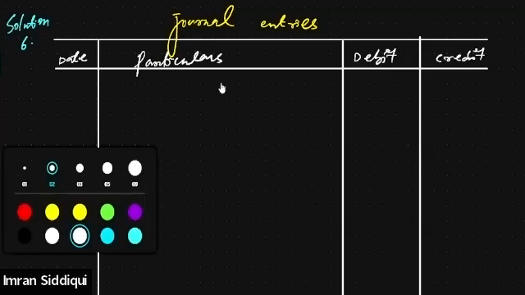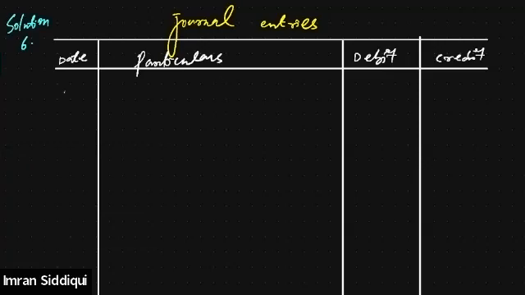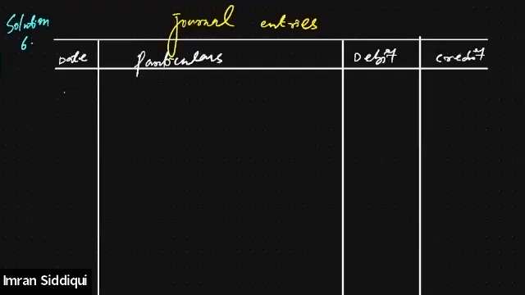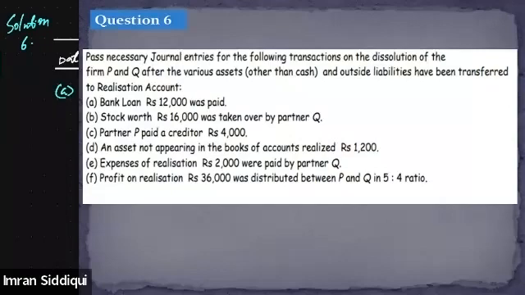Okay, so let's first of all start with the first transaction. First thing in the question is that bank loan of rupees 12,000 was paid. So what will be the general entry for this particular transaction, this particular adjustment? Anyone want to tell me? Eben, Ammon, Alexander. What will be the general entry for the first adjustment, bank loan rupees 12,000 paid?